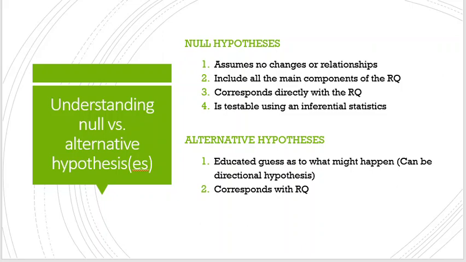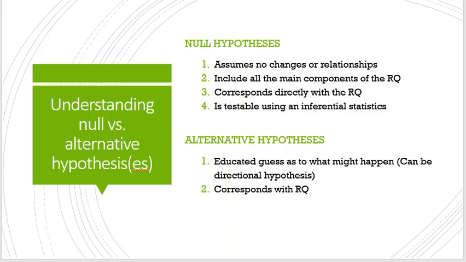Now let's talk about the null versus the alternative, or just the regular hypothesis. The null says there's no change, there's nothing going to change. Whatever you did, your sample is no different than the population.